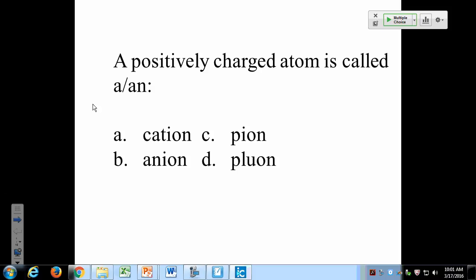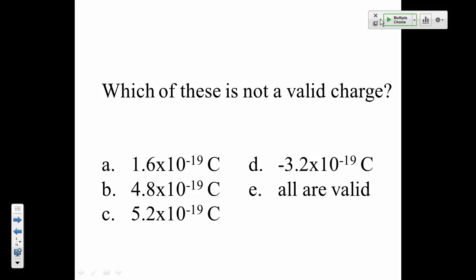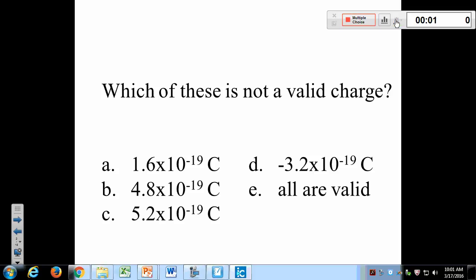All right. So it is a cation. Which of these is not a valid charge? Remember, the fundamental unit of charge is 1.6 times 10 to the minus 19.